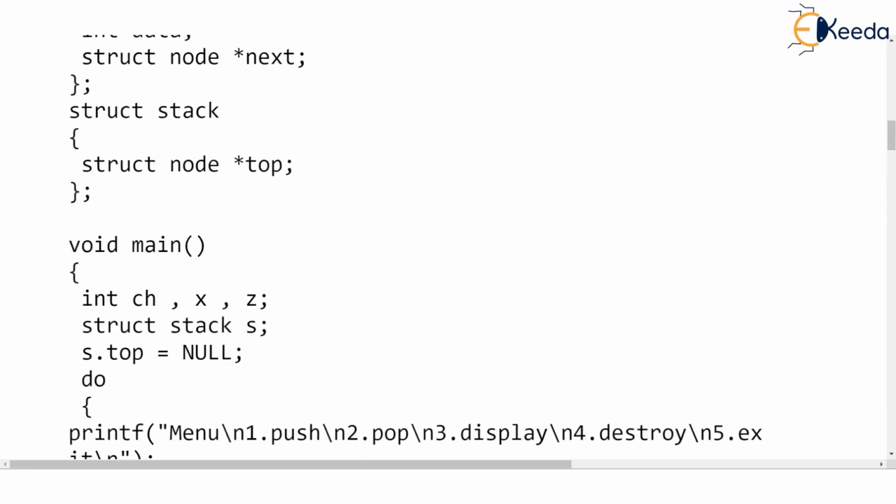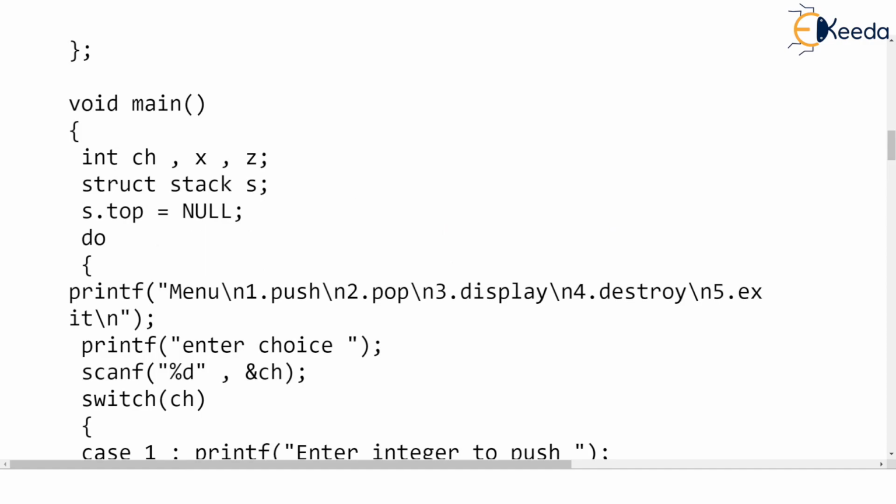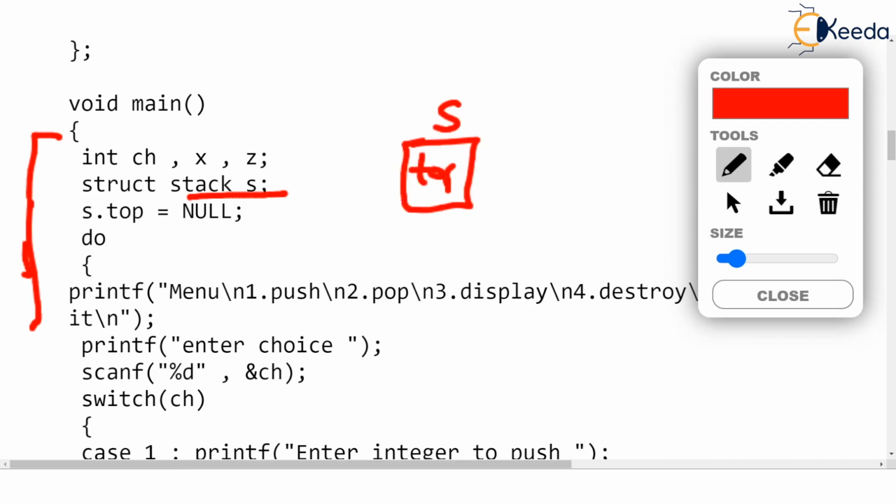Just check main. In the main, we have declared struct stack S. So where can you access this S? See, this S can be accessed only inside main, correct? Only in the boundaries of main. So although there is a variable S which has top, this S itself cannot be accessed in another function called push because push is beyond main.